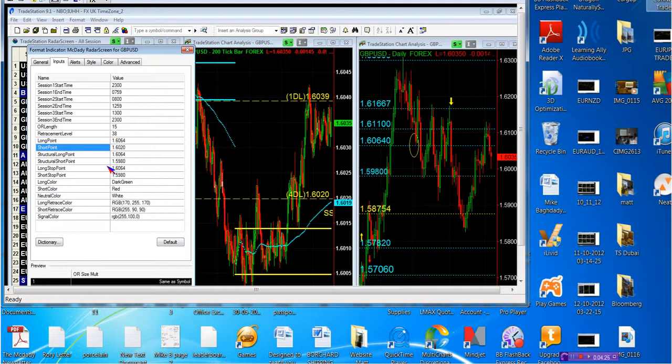Our structure short point remains the same, the 159.80. And if I go short below 160.20, I'm going to use the 160.39 as my short stop.